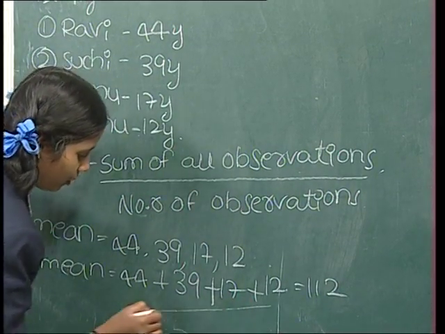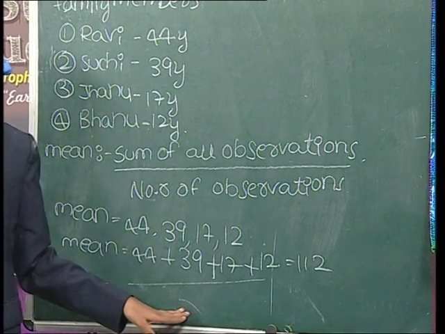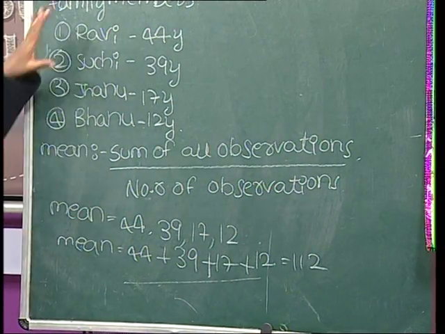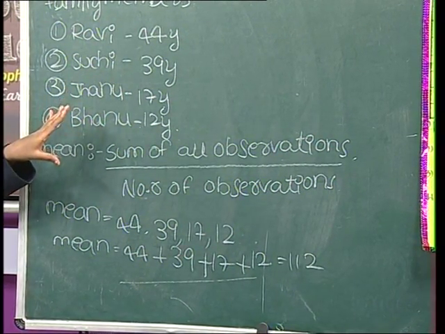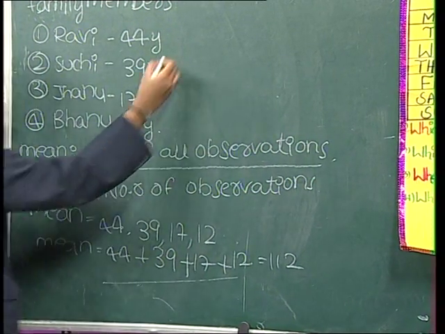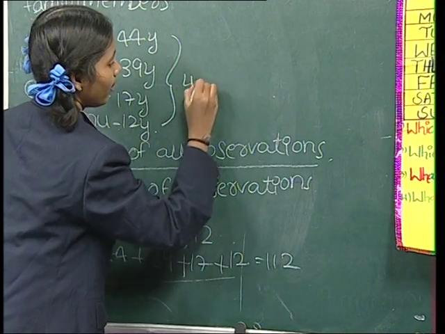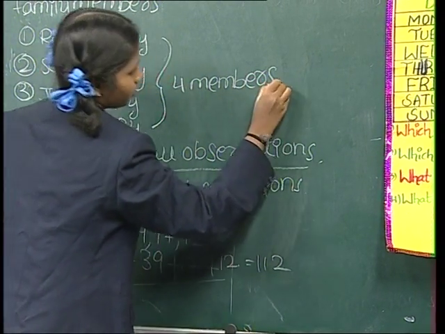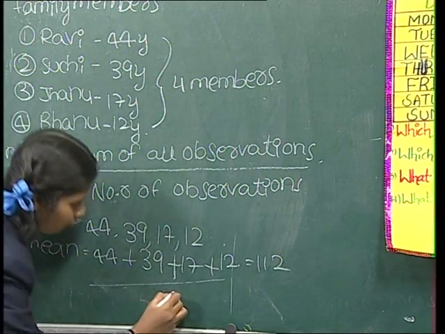So, what should we divide by? Yes, exactly, 4. Because here the observations are 4. That means the family members recorded are 4 people. So we divide by 4.